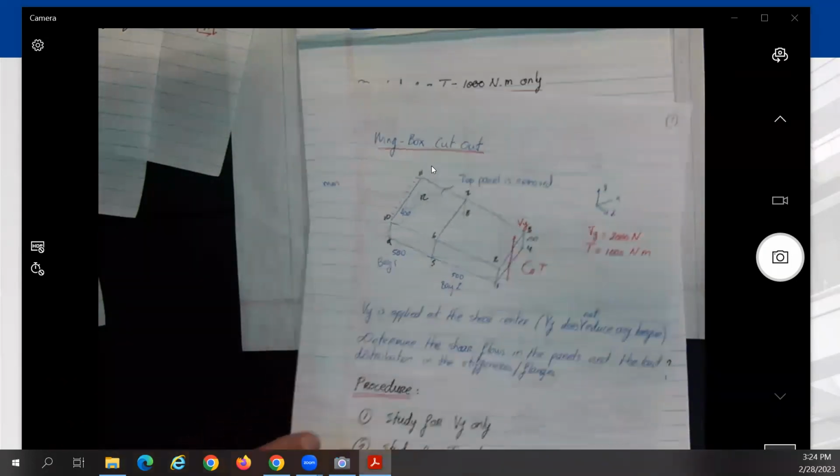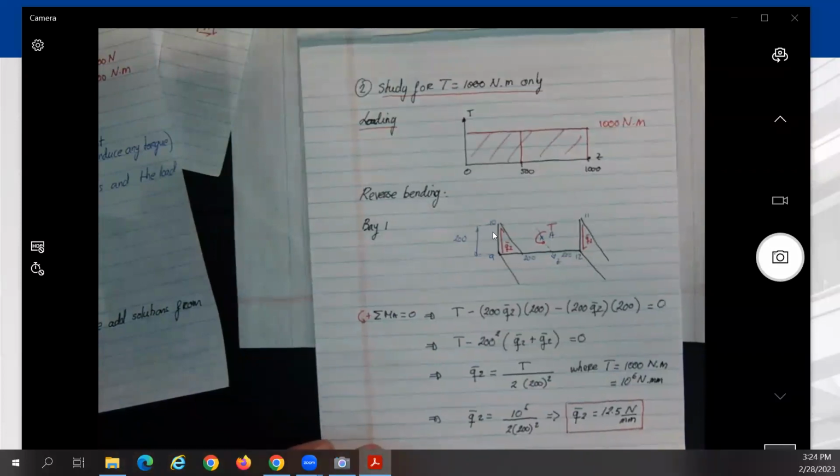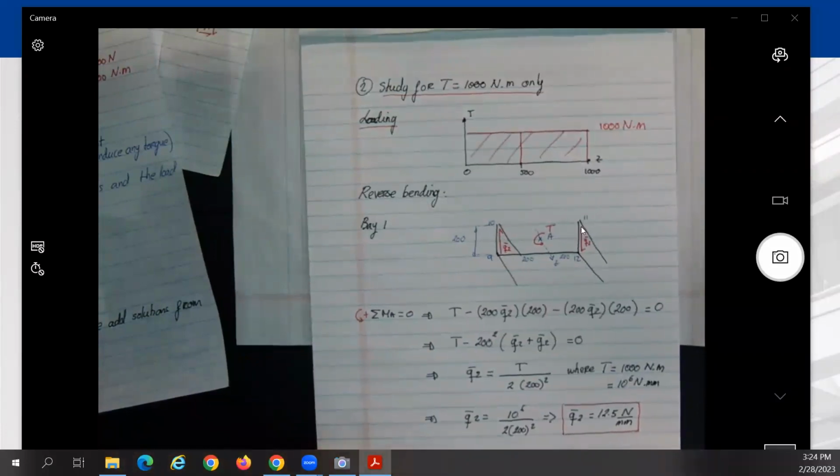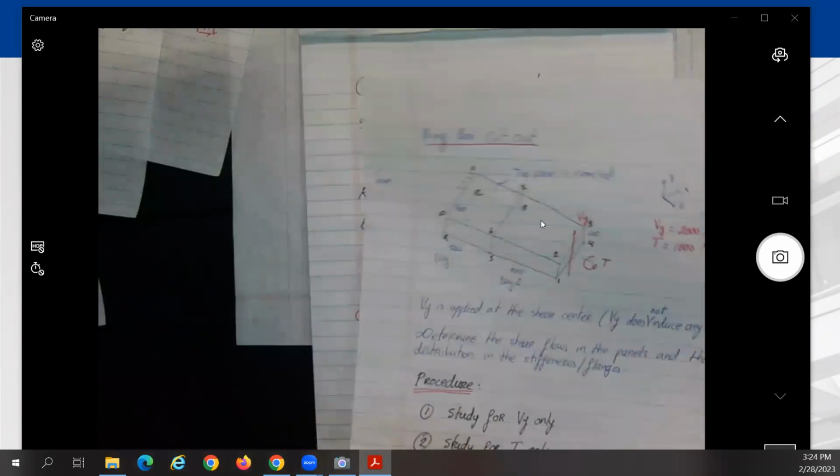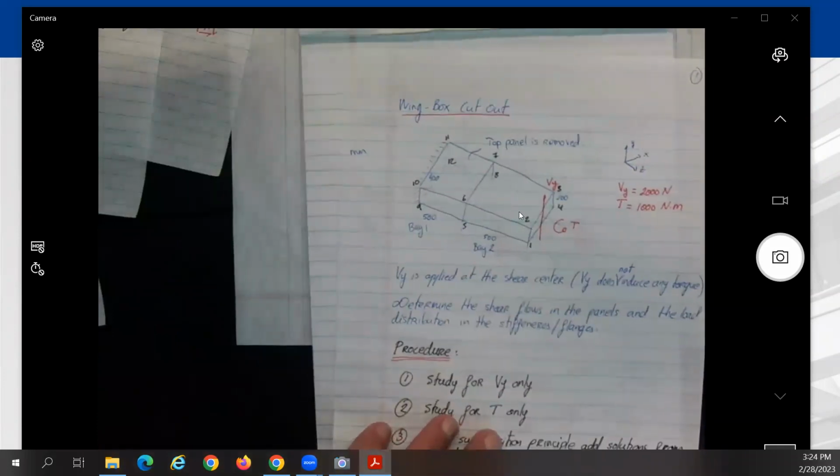So basically, what we are doing in this figure is assuming that only the side panels are resisting the torque in that location, no? Okay, but now if we move to this bay over here, all 4 panels should be resisting the torque. All right, so in addition to the side, we should have a shear flow at the top and the bottom, no?